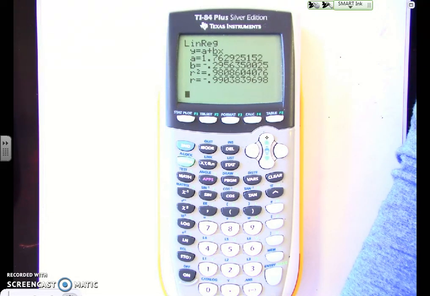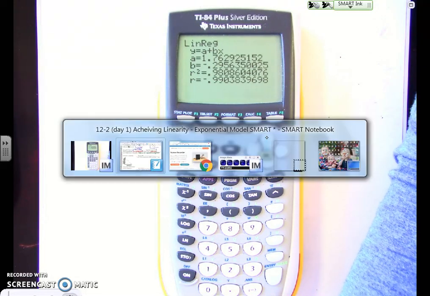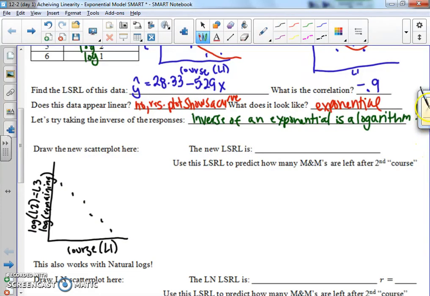So let's go ahead and write that down, okay? But we have to be careful here. I know that you're probably thinking we should write it as y hat equals 1.76 minus 0.296x, because that's the values in there. But technically it's not equal to y hat.